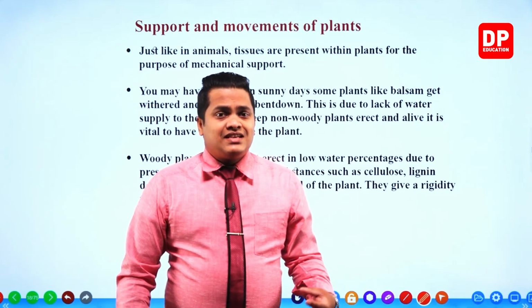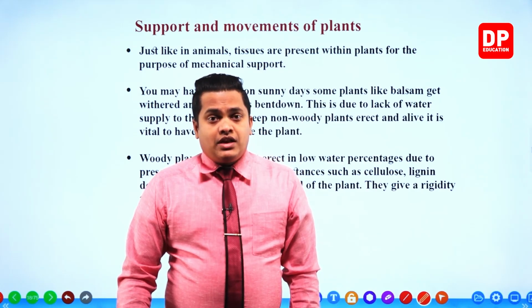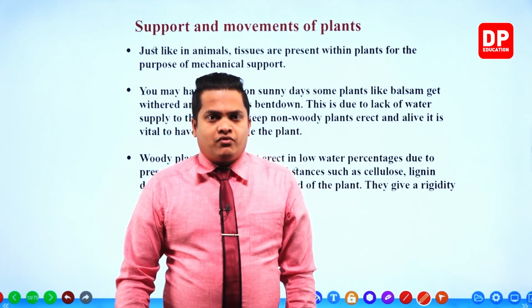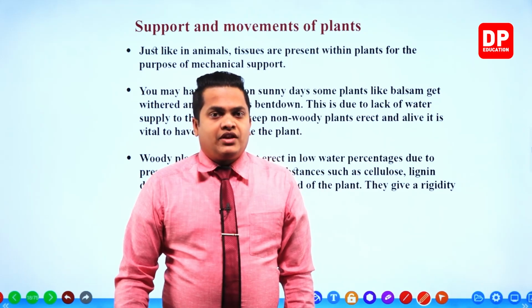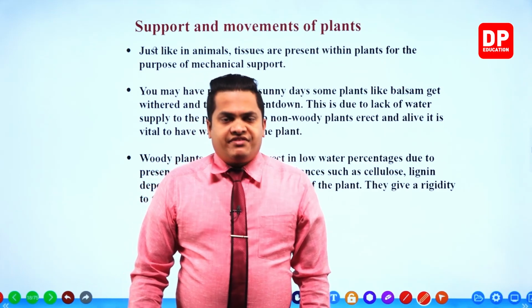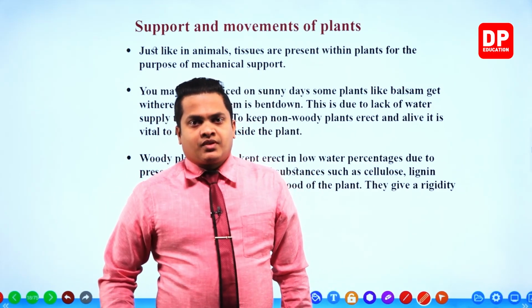Now if there is less water, what will happen? The plant will not be able to keep the stem rigid, my dear children, because of less water. So definitely the stem will bend down.